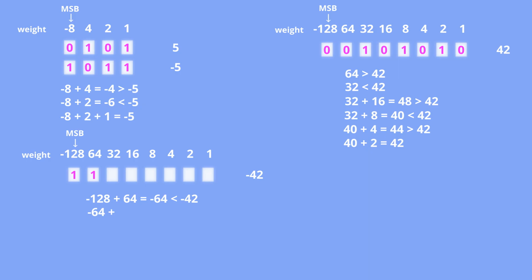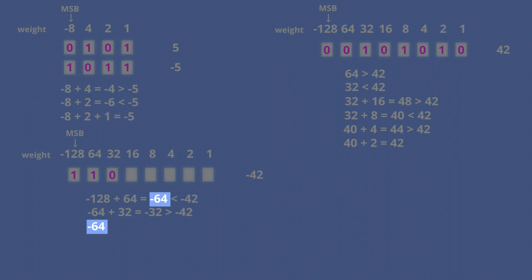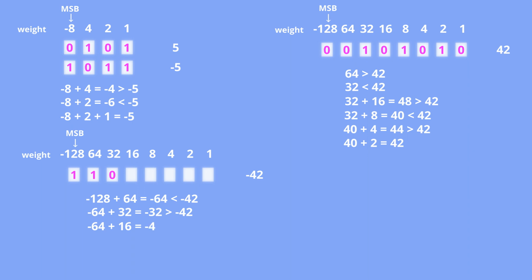We don't need to take 32, because negative 64 plus 32 equals negative 32, and negative 32 is greater than negative 42. We need to take 16, because negative 64 plus 16 equals negative 48, and negative 48 is less than negative 42.